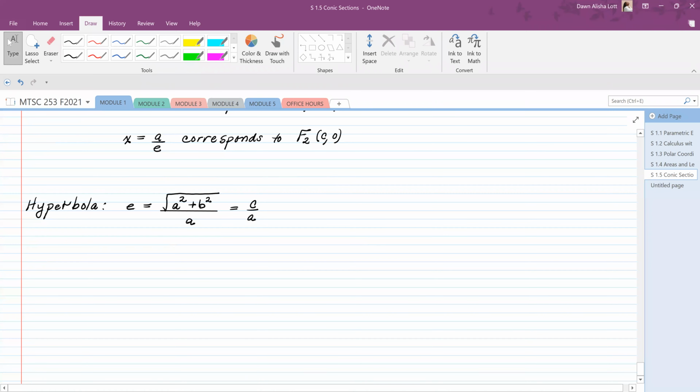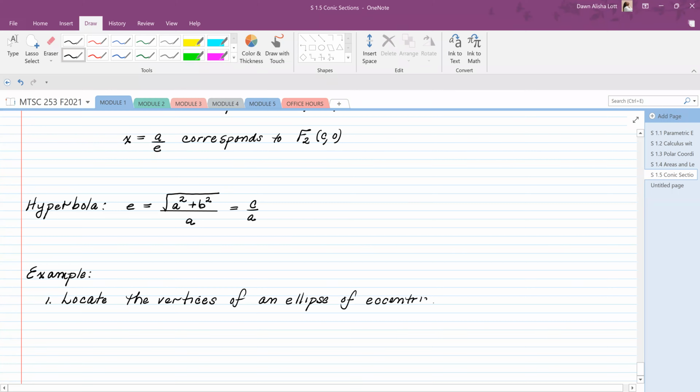All right, so here's an example. Locate the vertices of an ellipse of eccentricity 0.8.